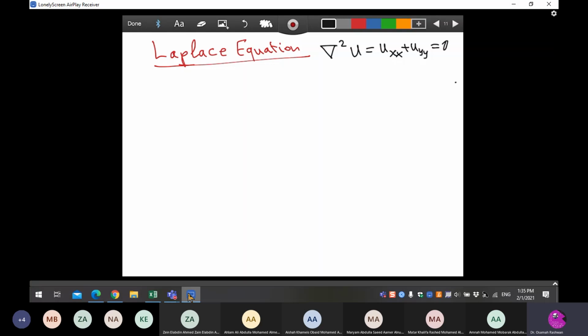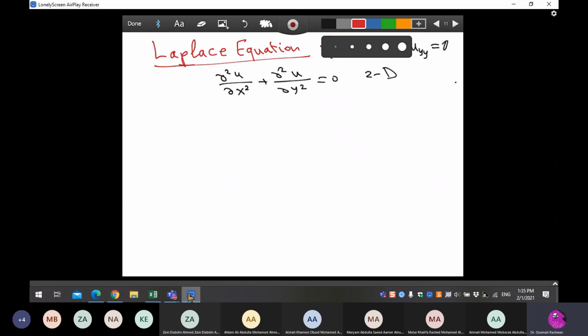If you would like to write it in normal notation, this is in 2 dimensions. In 3 dimensions, we don't care here because we have x and y.